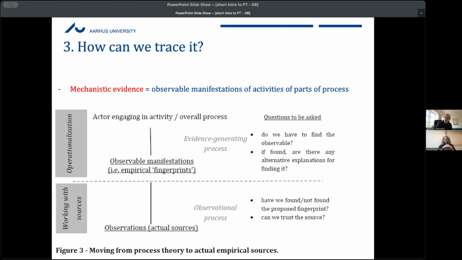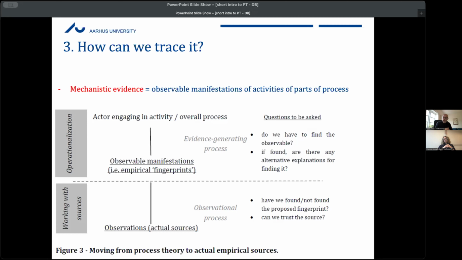But of course, if we go down to the actual observational level and our actual source of that confession, let's say that we elicited the confession through torture. Of course, we cannot then trust that source. So in theory, you might have had a very strong piece of evidence that would confirm the suspect's guilt, but if we can't trust the actual source, then it's not very strong evidence.